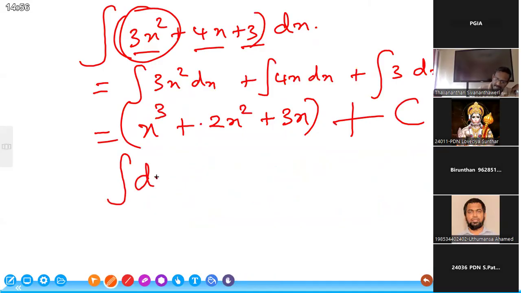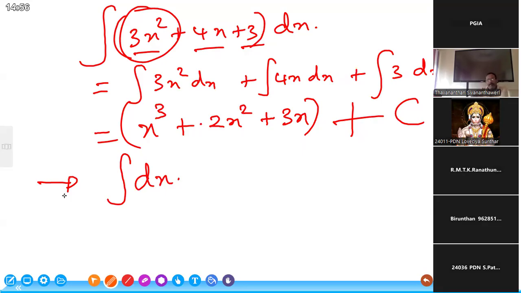Integration of dx. Anyone? X. Yeah, because already you assume there is a coefficient of 1.